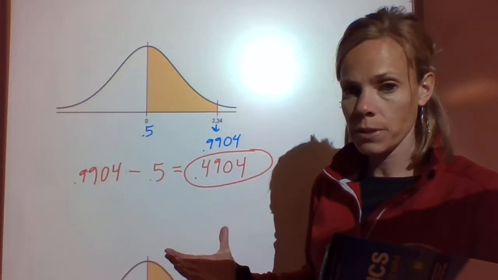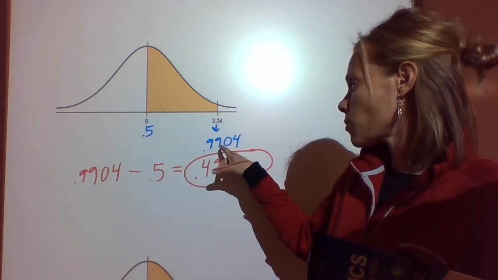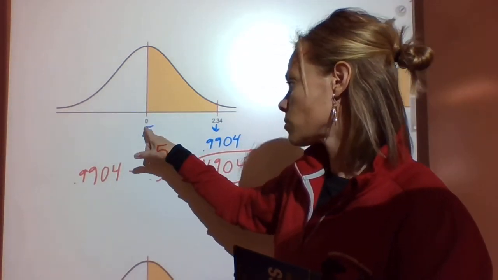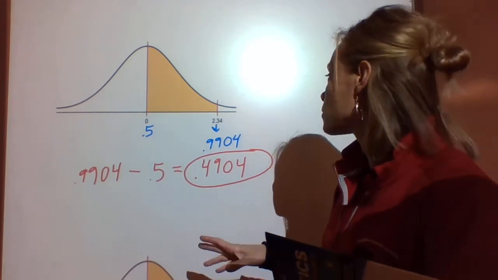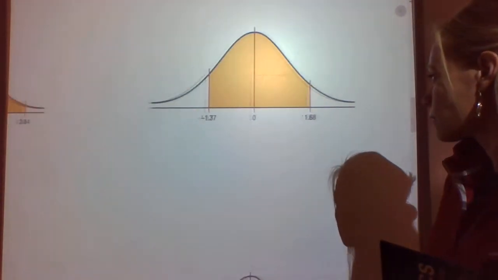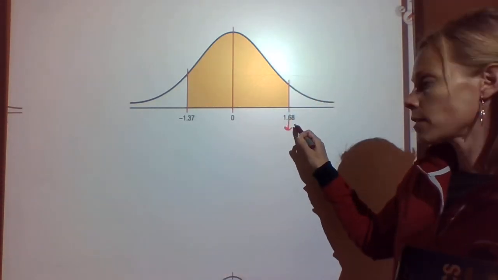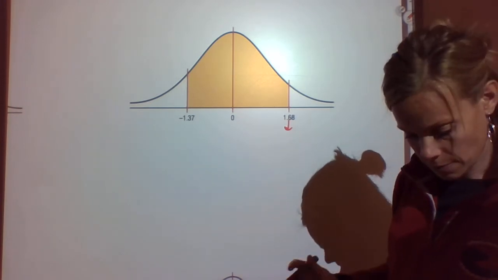So when you do an area in between, you look up the bigger z-score percent, then you look up the smaller z-score percent and subtract them. Let's try another one. Okay, so I'm going to look up the bigger z-score percent, 1.68.